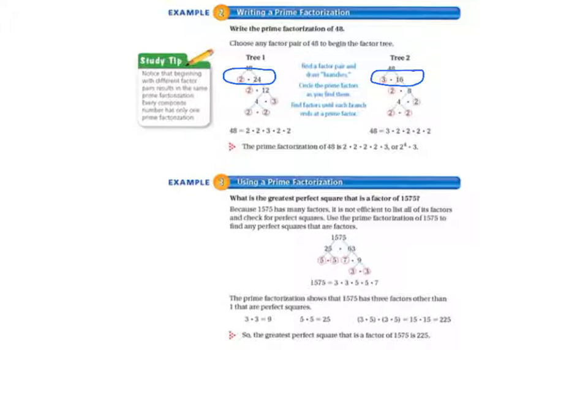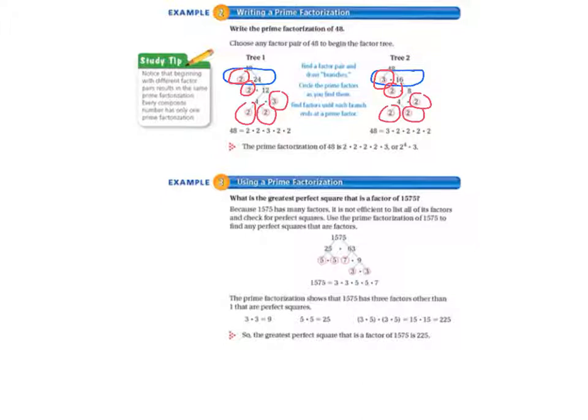So they did this, and I'm not going to talk you through both factor trees, but if you look at them, you can see that they end with the same prime factors. So each tree ends with the same numbers.